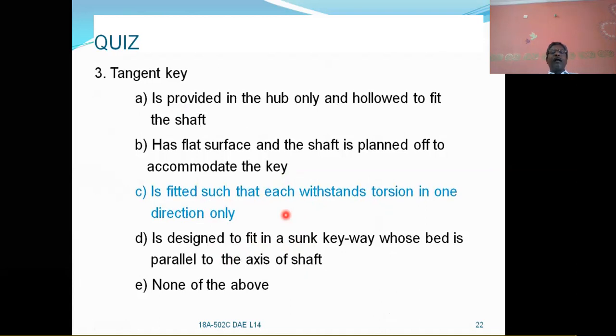So C is the answer, that means it is used to transmit torque in one direction only.